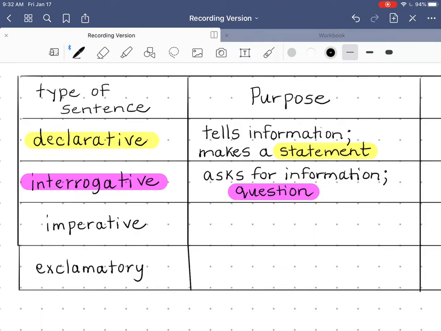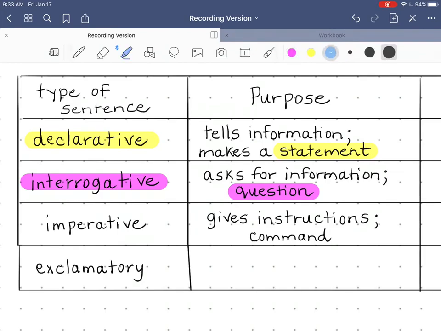Imperative gives instructions. If you're in the military, you're used to imperative sentences. They are commands. Sometimes they're nice, they're polite, and sometimes they aren't. But imperative sentences give commands. And I'm going to give you some examples in just a second of what these mean.